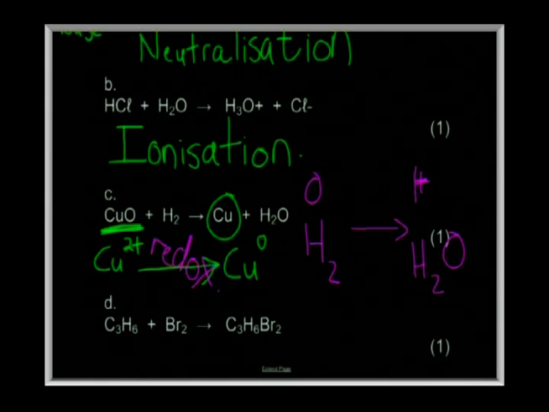Right, let's move on to equation D. And let's see what's happening over here. We've got C3H6 and bromine giving us C3H6 with bromine on it. Now, this is definitely an addition reaction because I started with two things on the left-hand side and I ended up with one thing on the right-hand side.